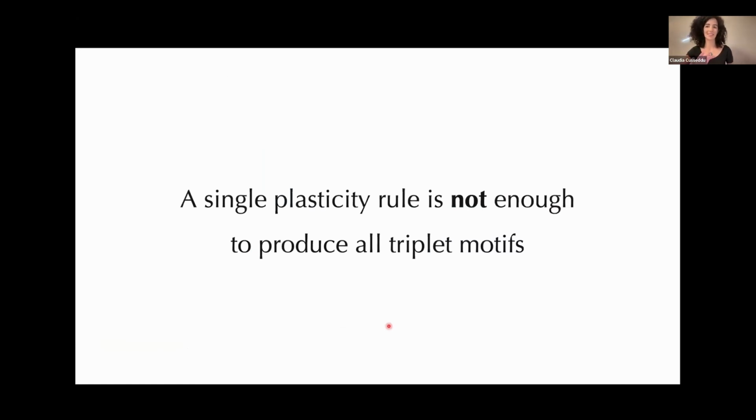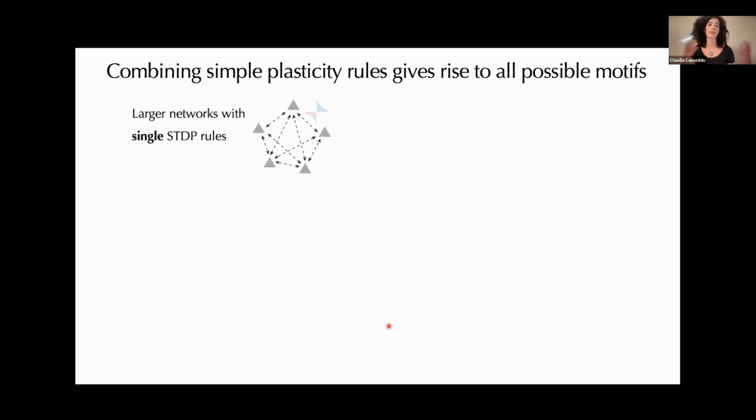But just to make sure that this was not due to the very small size of the network, because we are considering only 3 neurons, we also simulated larger networks of excitatory neurons with a single STDP rule. And then again, like they did in experiments, we quantified the motif distributions within each network.